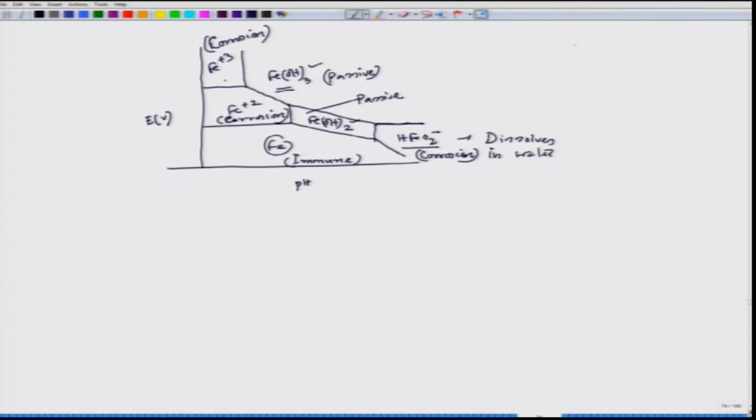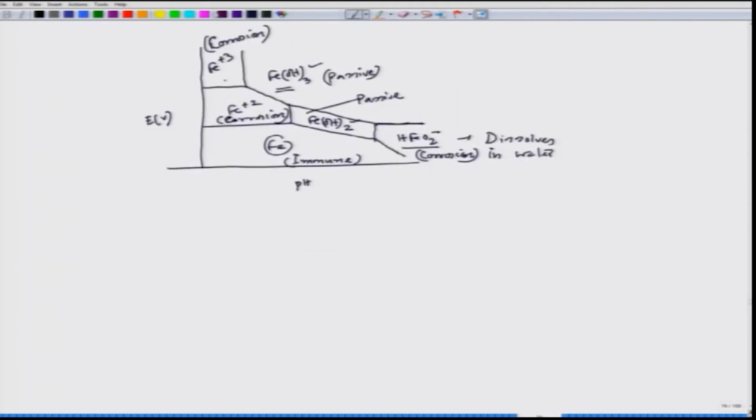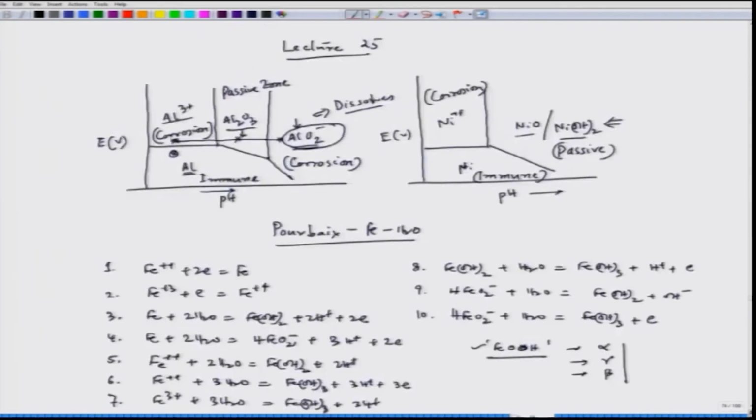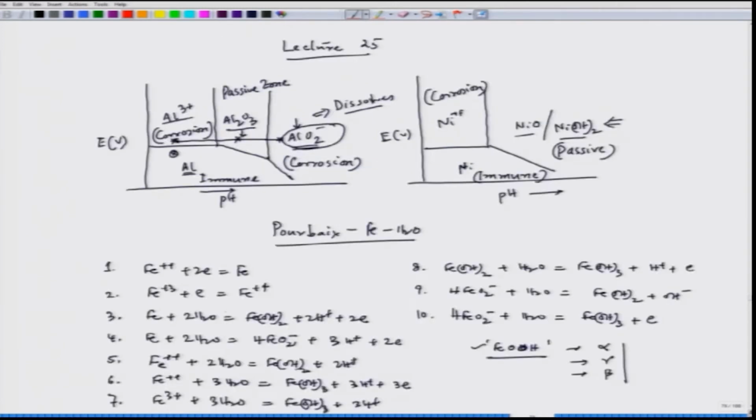And then if I try to indicate with the schematic, here also I can note down those reactions. For example, if I note down with a different color, red color, let us say this is reaction 1. I simply write with the bracket 1. This is reaction 2. This line is FeOH whole 2.